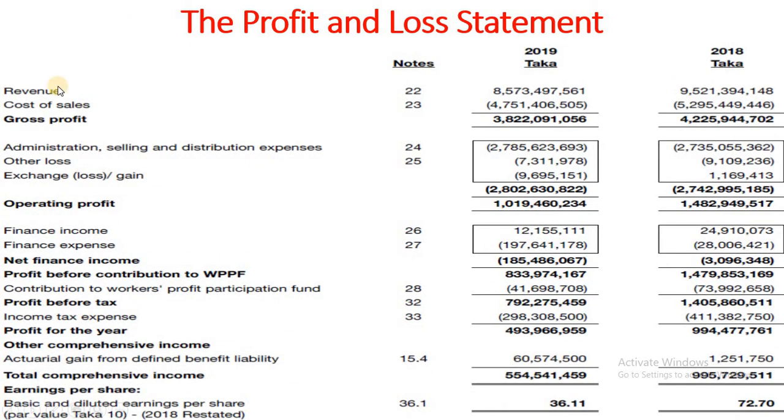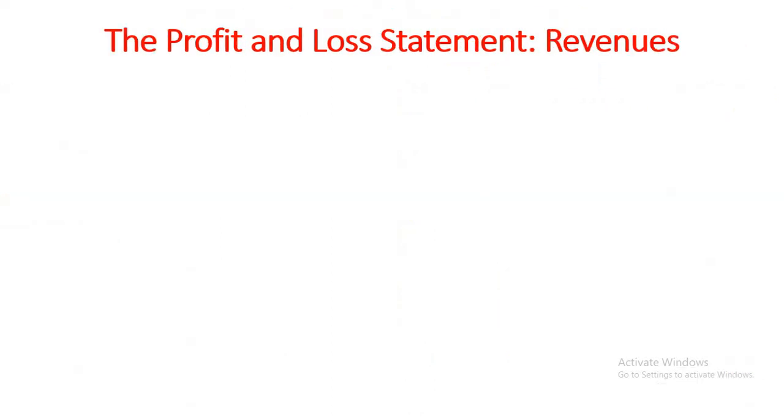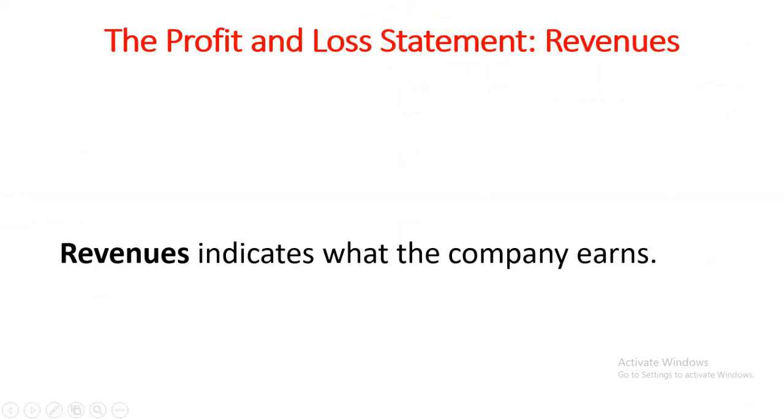It starts with revenue, which is the top line, and it ends at total comprehensive income, which is the bottom line of the profit and loss statement of Bata Shoe Company Limited. So the revenue of a company indicates what the company earns.